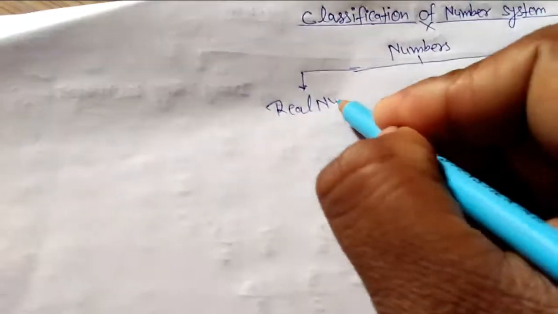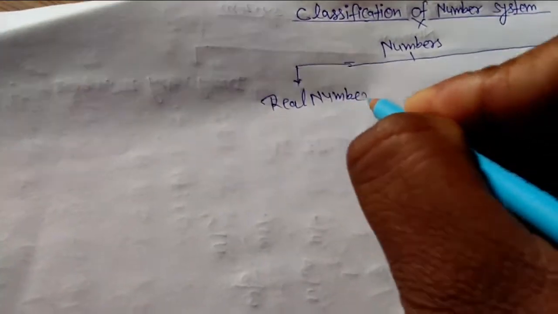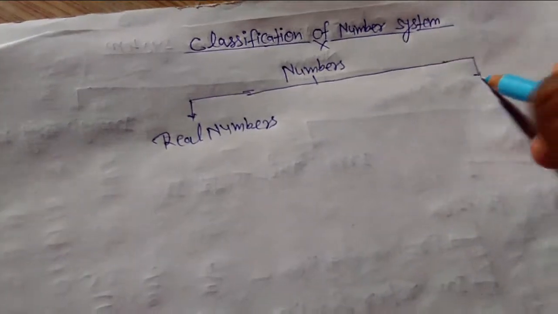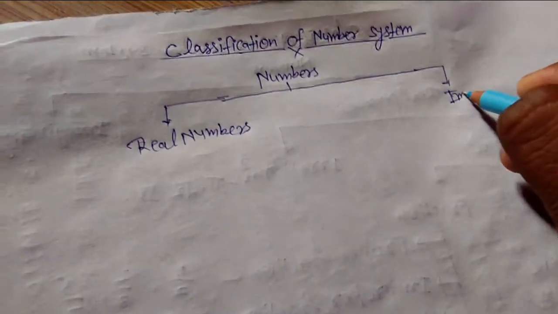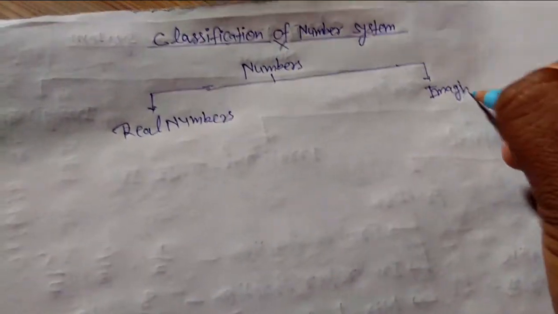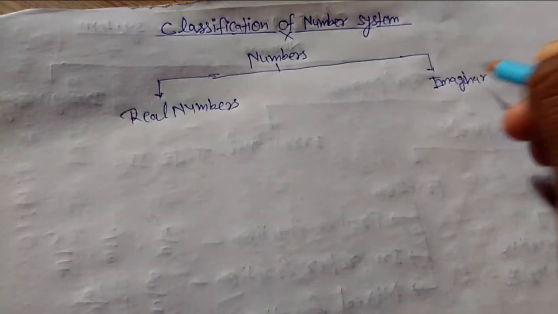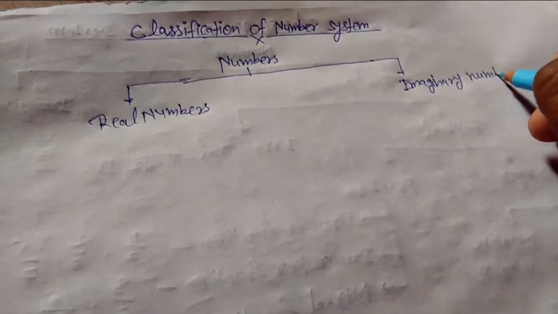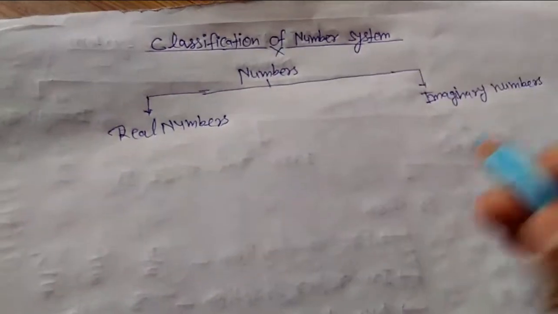First is real numbers, and the second is imaginary numbers.